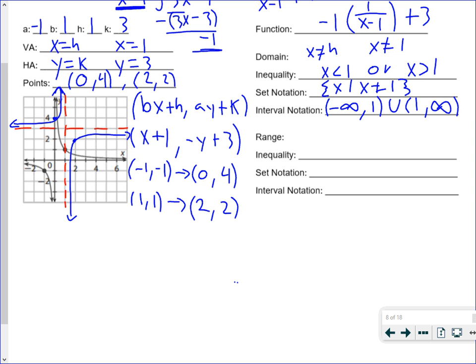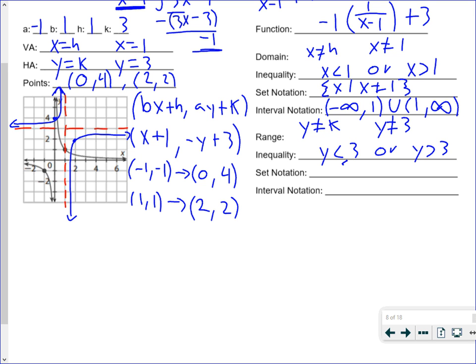Our range will be somewhat similar. Our y cannot equal k, and that's because y equals k is an asymptote, and you cannot have any points on that asymptote. So in this problem, y cannot equal 3. Our inequality will be y is less than our k value of 3, or y is greater than our k value of 3.